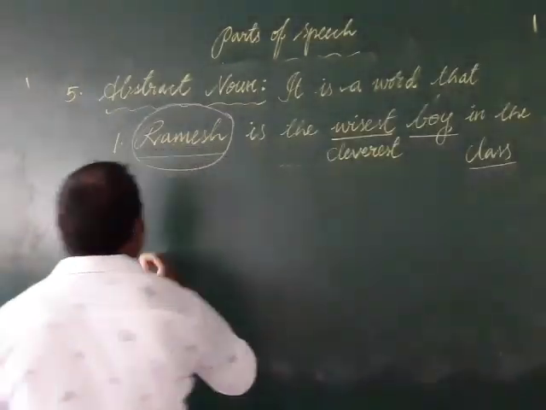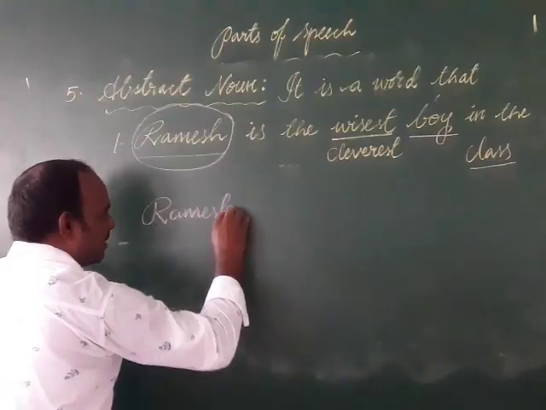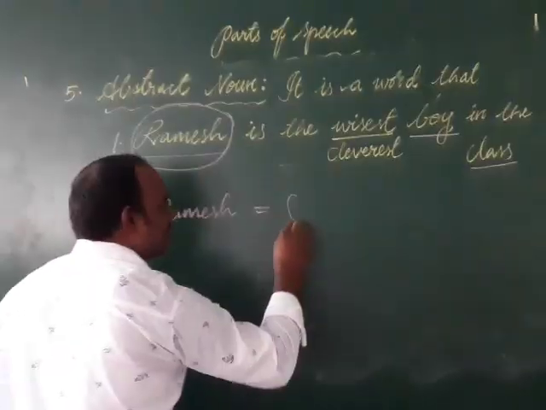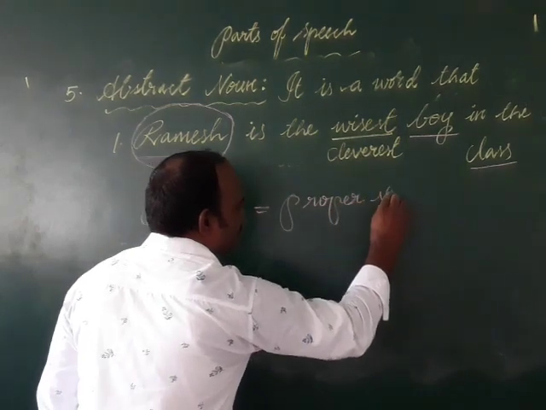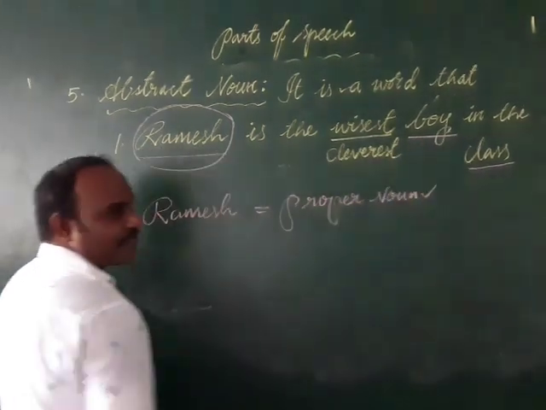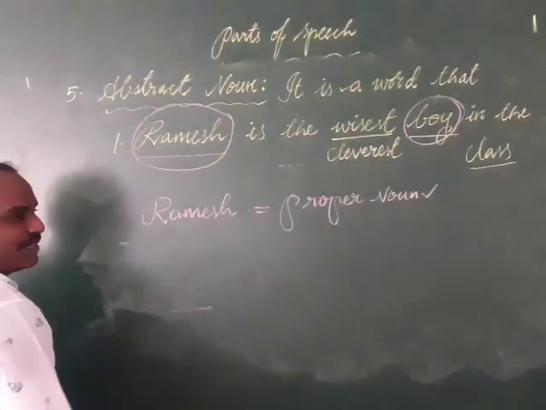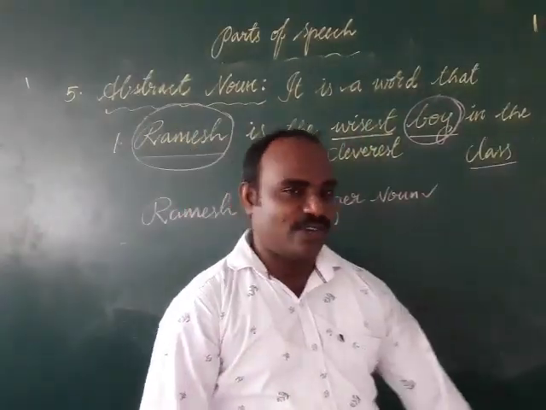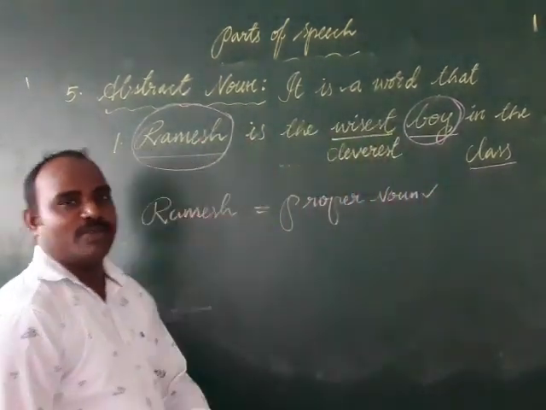So you have to write like this: Ramesh is a proper noun. That's it. Look at this word boy. What type of noun is boy? It's a common noun. We use it commonly for all the boys.